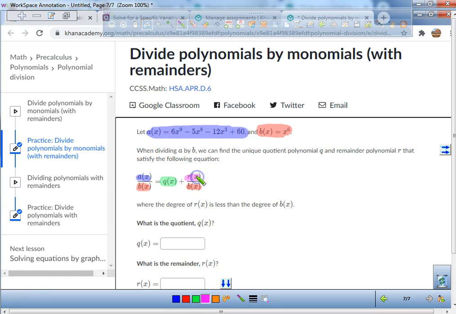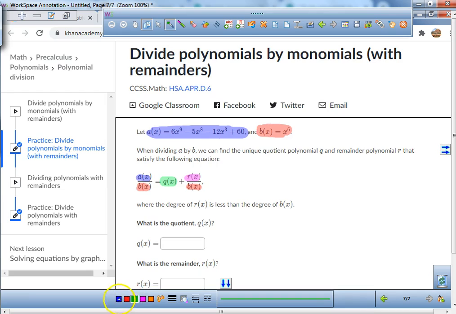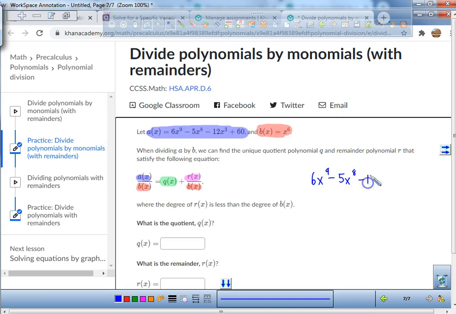So whatever we can't divide into is going to be called the remainder. All right. So we have 6x to the power of 9 minus 5x to the power of 8 minus 12x cubed plus 60.